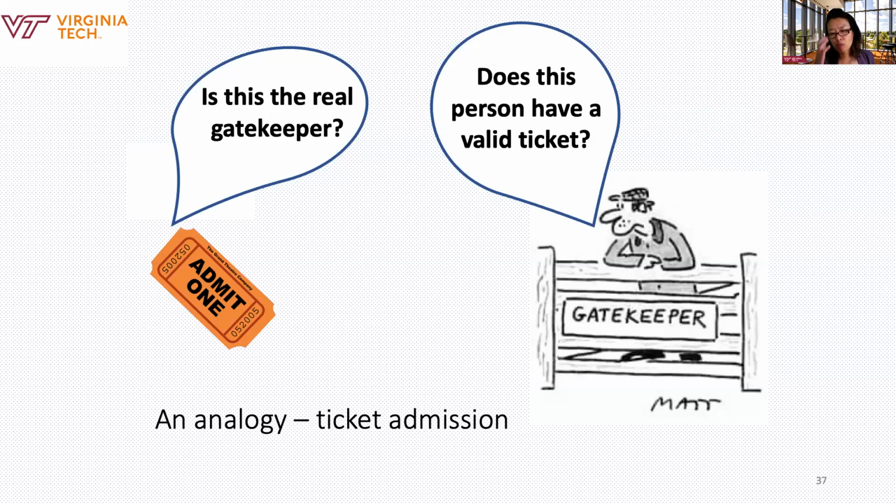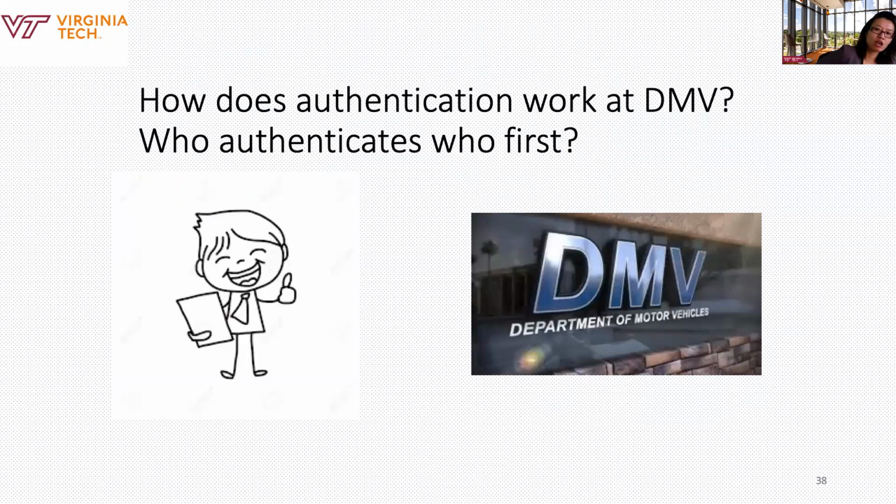And you go to a movie theater, right? You give them your ticket, and you want to make sure you give it to the right admission person, the gatekeeper, right? So you have to make sure this is the right person. And because you're in the movie theater, there's probably only one person who's taking your ticket.